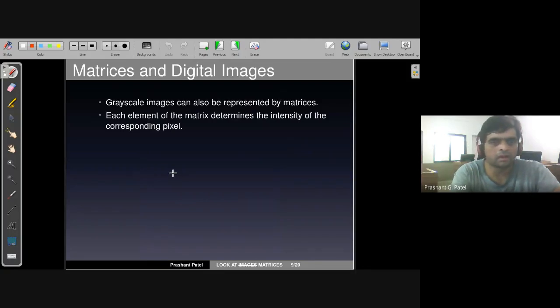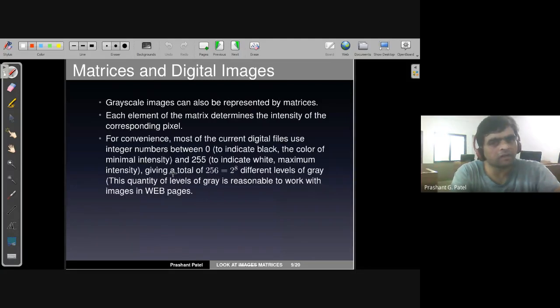For convenience, most current digital files use integer numbers between 0 and 255. So in total there are 256 numbers. Why 256? It is 2 raised to 8. So different levels of gray will be there.